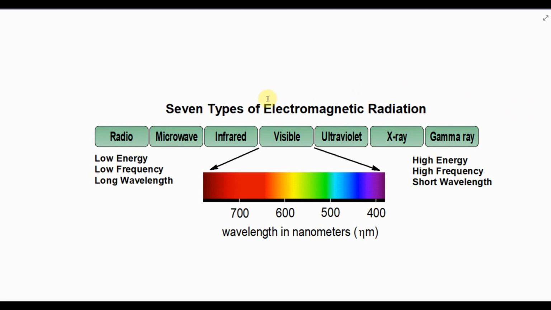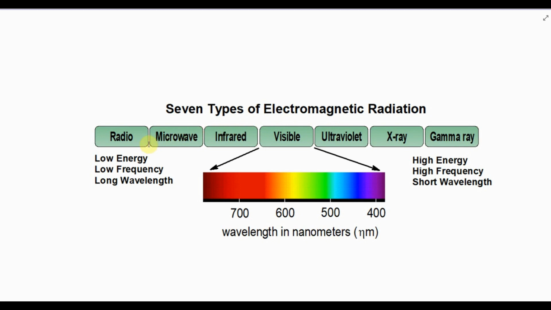So let's talk briefly about what is electromagnetic radiation. The electromagnetic radiation is divided into 7 types, ranging from low energy, low frequency, long wavelength, like radio waves, and then moving in the direction left to right towards higher energy, higher frequency, and shorter wavelength.